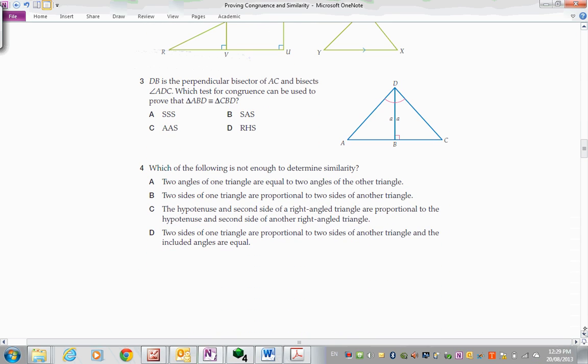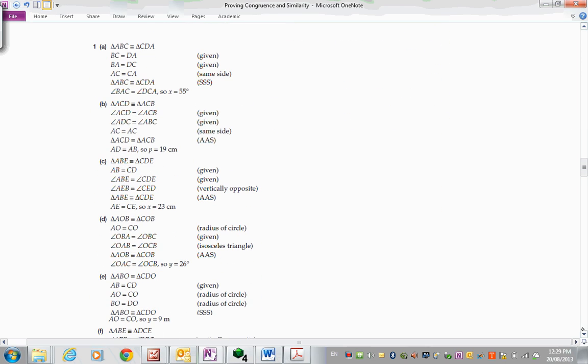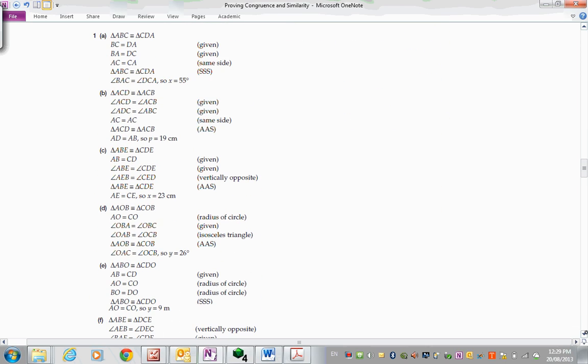So let's have a look at questions 3 and 4. Okay, and they're asking you just to work something out there as to what rules you need to establish congruence or similarity. Okay, think about those. I'll take you to the answers now. And so there's part of question 1 down to E. And you scroll down and have a look.